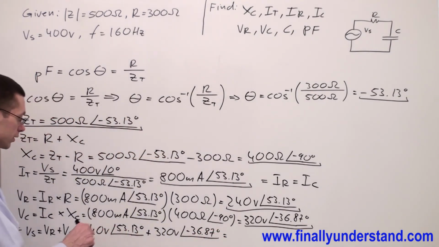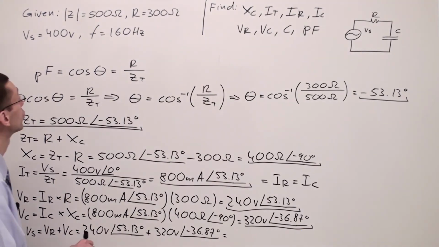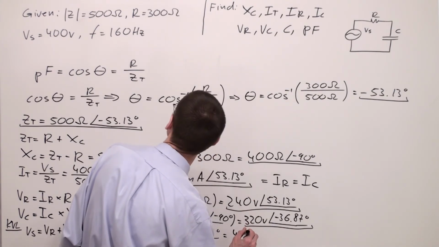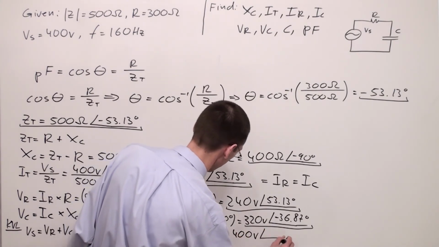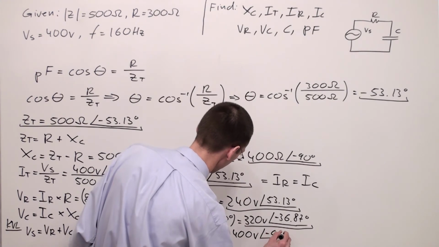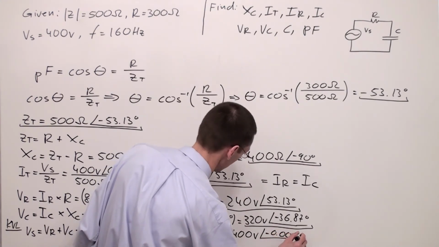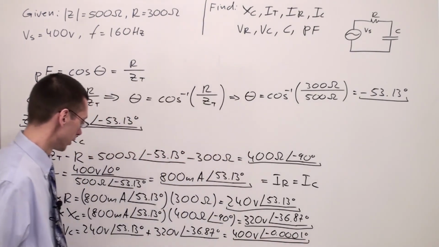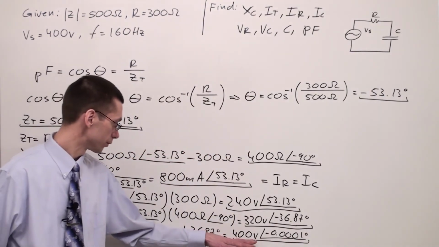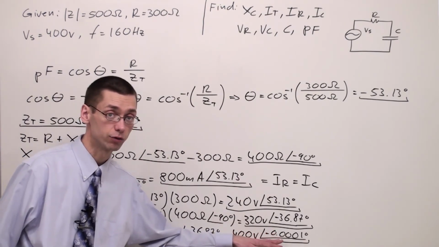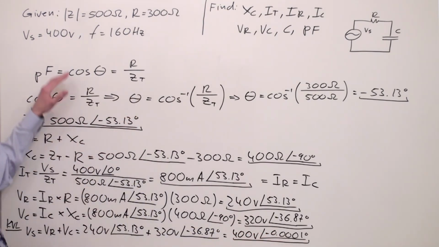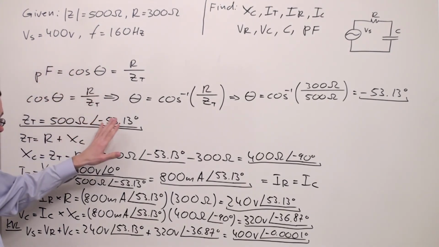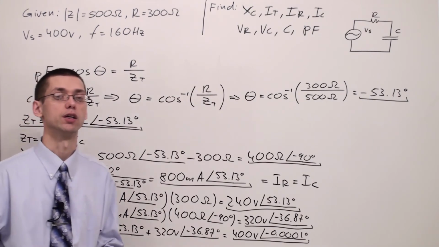If you add these two values together, you're supposed to obtain 400 volts and angle of negative 0.0001 degrees. So as you can see, we get the value 400 and we can say angle of 0 degrees, and this is the same value which we had at the beginning. So it means that everything we did up to this point is correct.